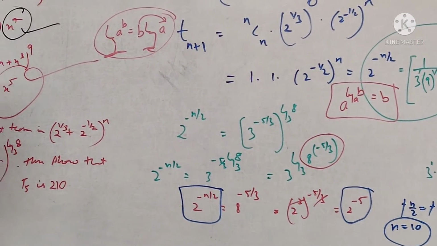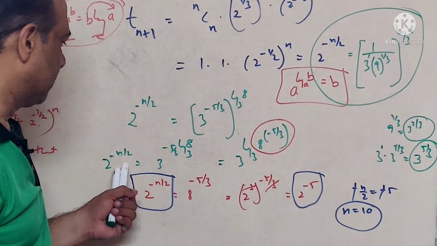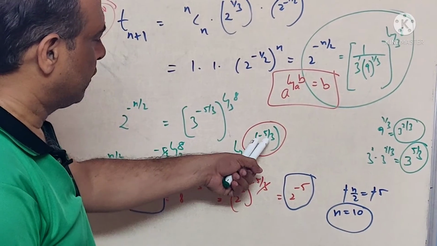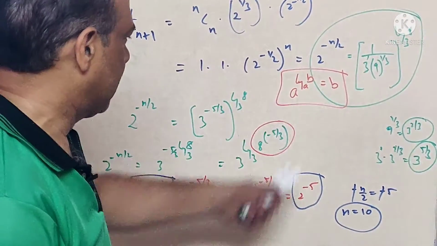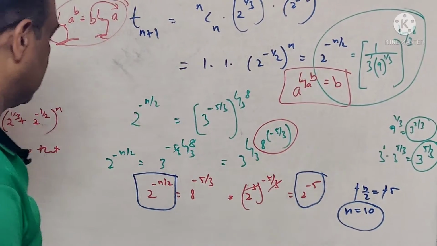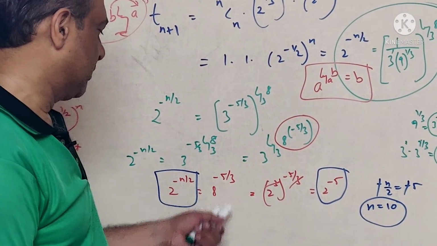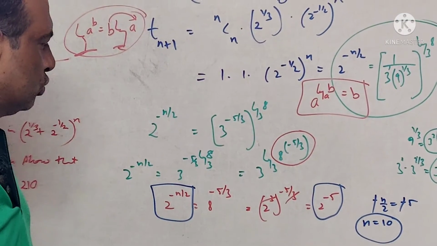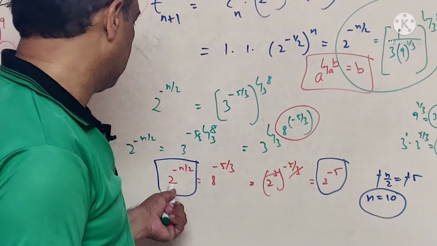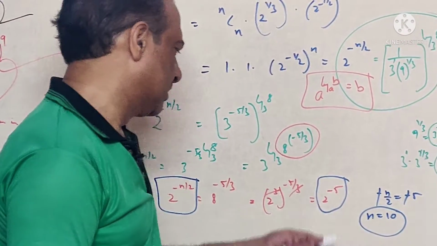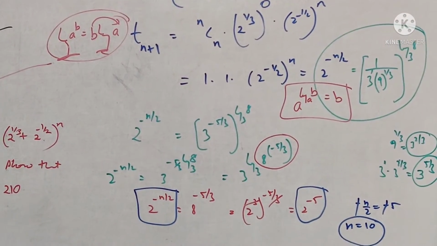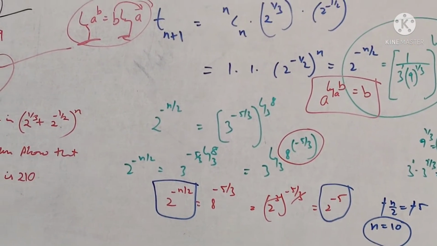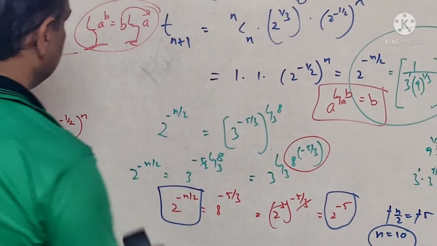After using these two formulas, 2 raised to power minus n by 2 is equal to 8 raised to power minus 5 by 3. Convert 8 into 2 raised to power 3, and you have 2 raised to power minus 5. So 2 raised to power minus n by 2 is equal to 2 power minus 5, and after solving, n is equal to 10. But what we have to find out is to show that t5 is 210. Now, everything is clear?